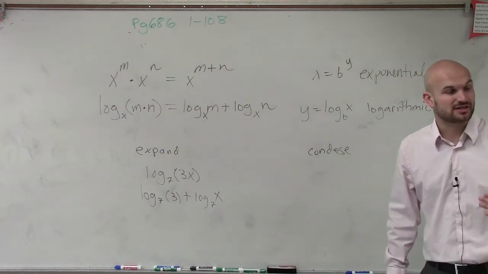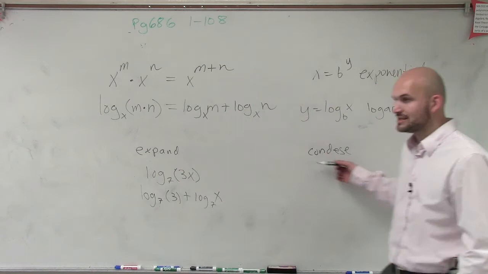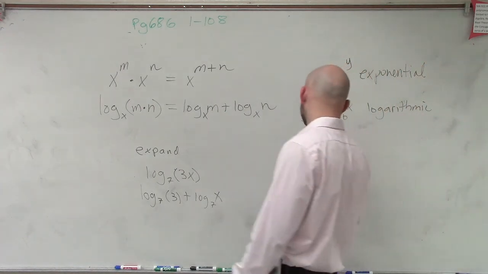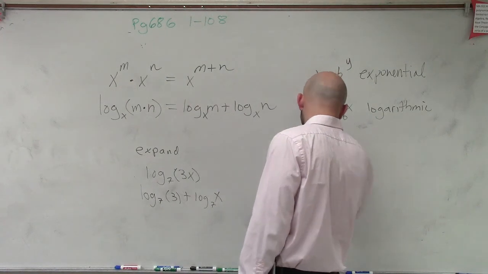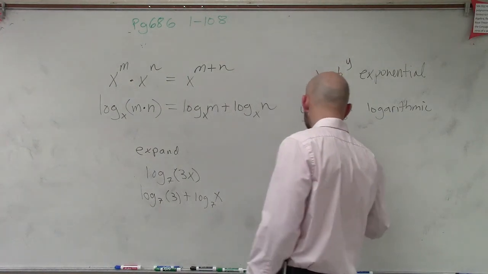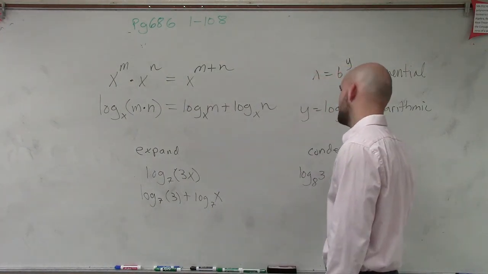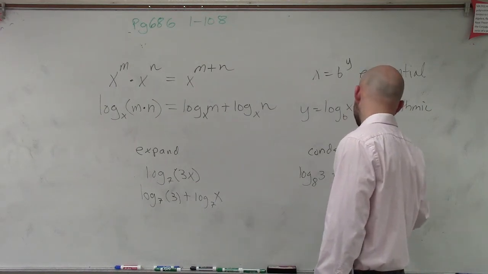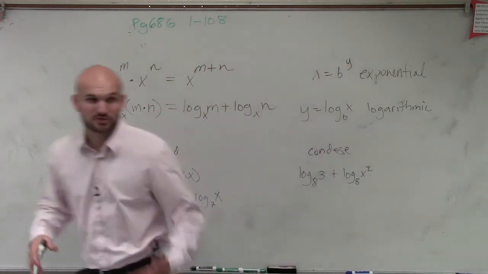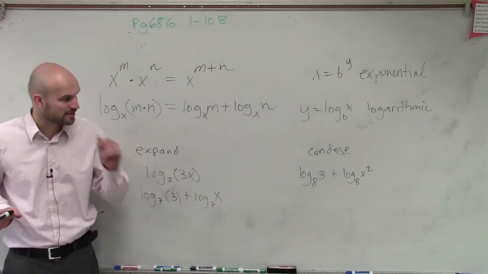Now, what we're actually going to be more concerned about is condensing. What if I have the problem log base 8 of 3 plus log base 8 of x squared? Is it possible to condense that into one logarithm?